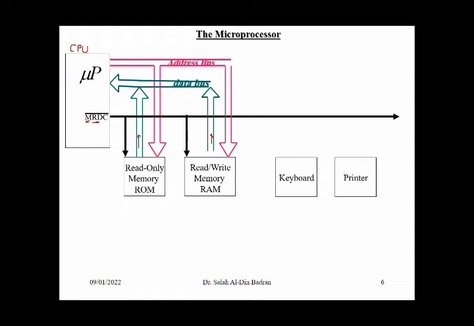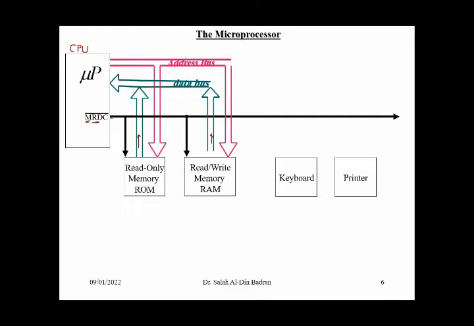You see, these wires are also buses. We call it a bus to carry what? The data. This is why we call this bus the data bus. So we have two buses.